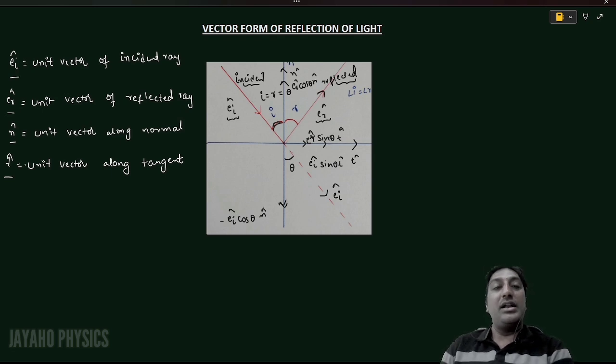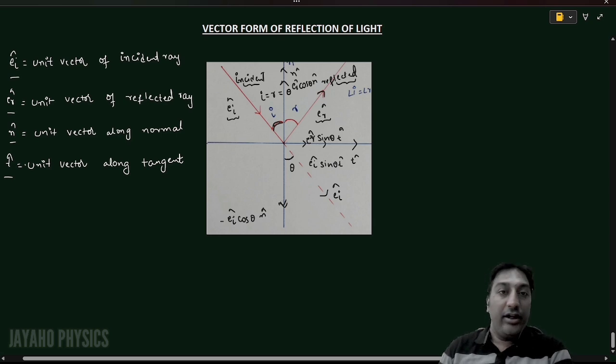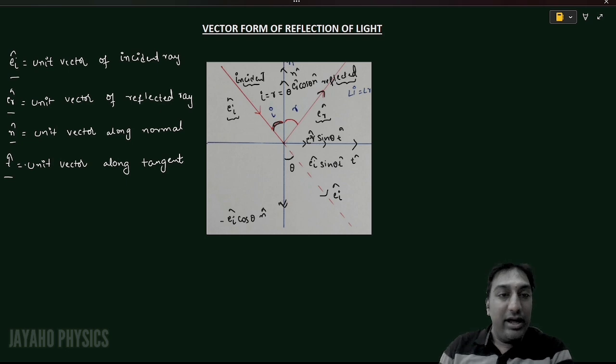If I write this as a vector, e suffix of I bar can be taken as the negative of mod of e suffix of I cap times cos theta times n cap, plus mod of e suffix of I cap times sine theta times t cap.